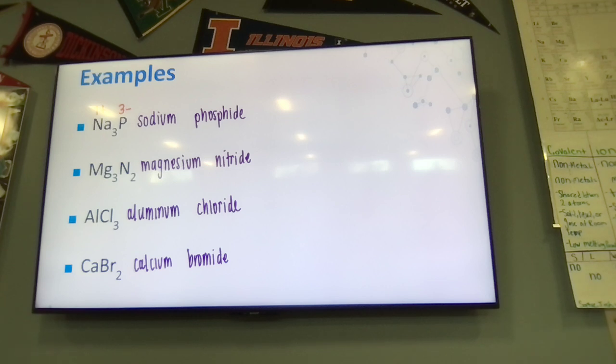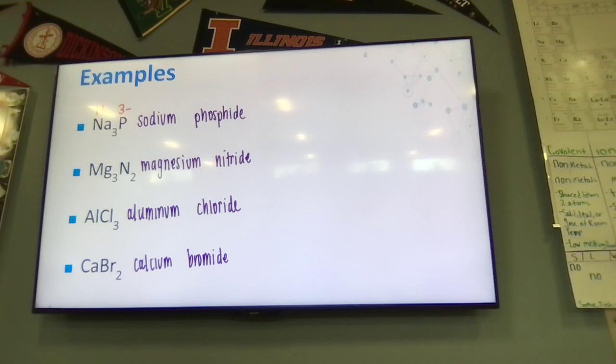So how do we know that we're going to need 3 sodiums? So we have our 1 little sodium, and here's your phosphorus. Why are we going to need 3 sodiums to make it happen? Because it takes 3 more charges to get to 8. We got to get our charges to be the same.